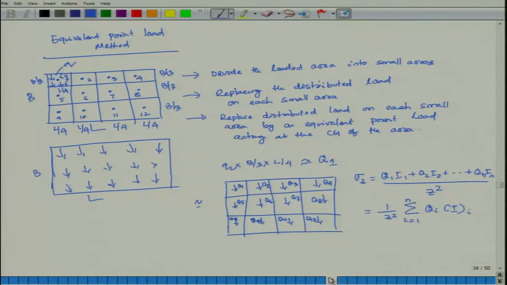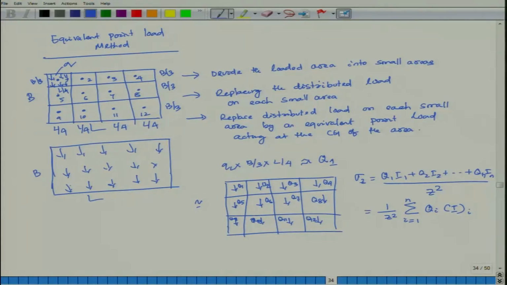Then the equivalent point method means divide the loaded area into small areas. If there is an area B by L, divide it into small areas, and then replace the distributed load on each small area by an equivalent point load, which will act at the CG of the area.